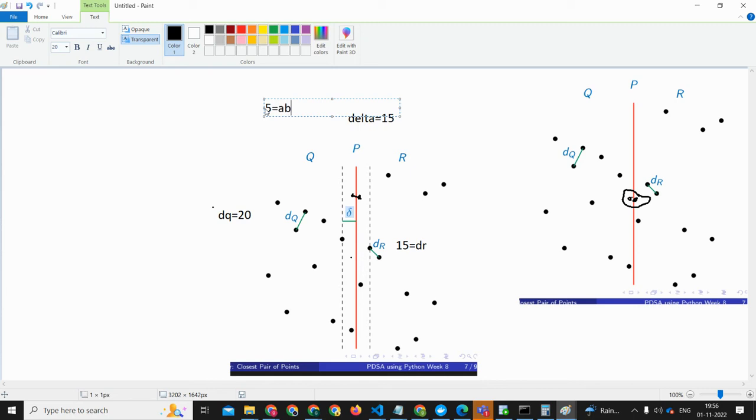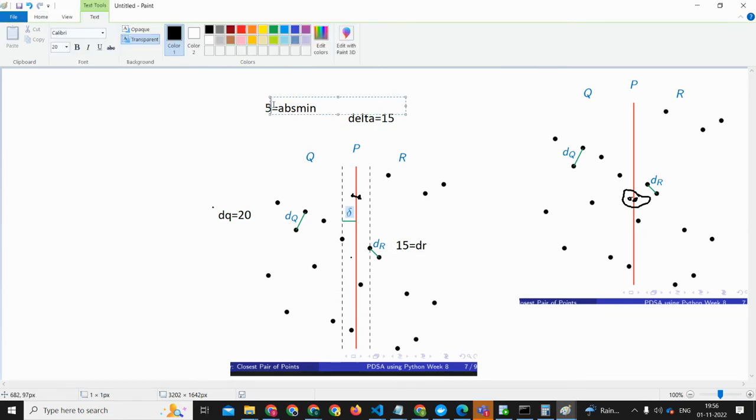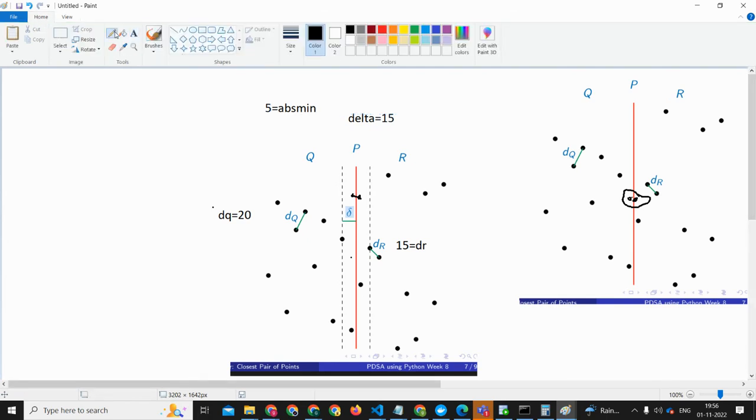So that is the absolute minimum. This is 20 and this is 15, correct? We are trying to find out globally which is less. Or else I'll take this as 14, then you will be able to take it further. So what was the absolute minimum? 14.